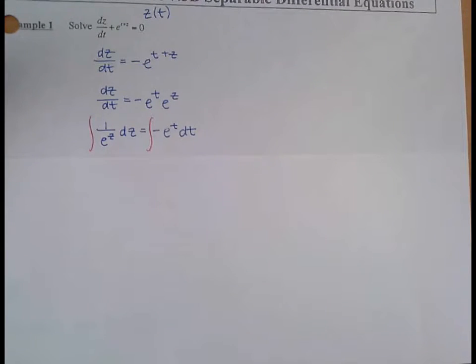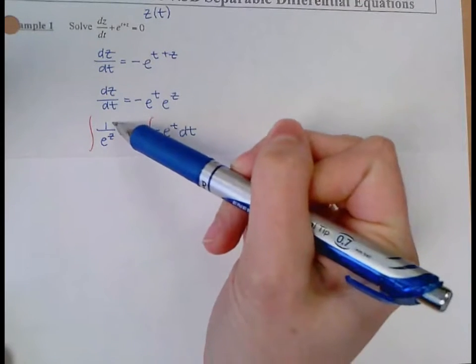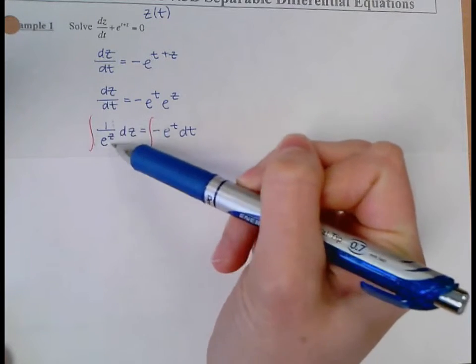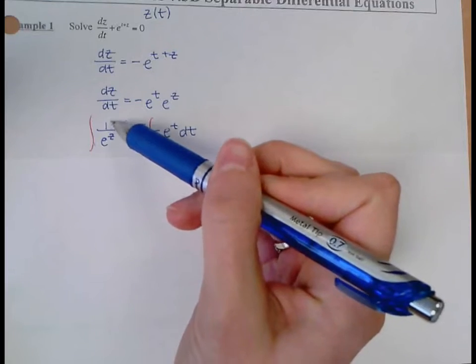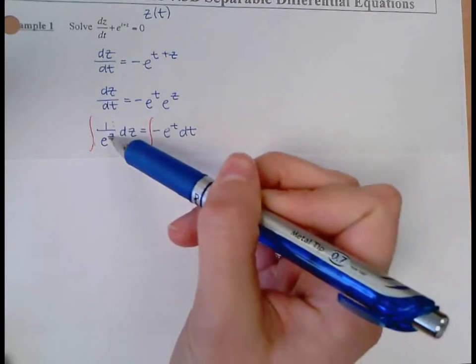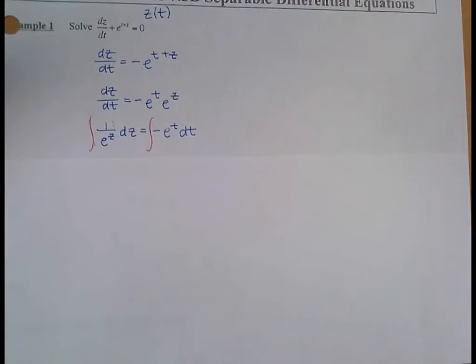Now some of you might be stuck at this point or may have moved forward from this point incorrectly. You cannot take the antiderivative of 1 over e to the z written this way. So it is not natural log of e to the z. You can't even use substitution the way this is written because your u would have to be e to the z, but the derivative of that is e to the z, and there isn't a second e to the z in the integral.